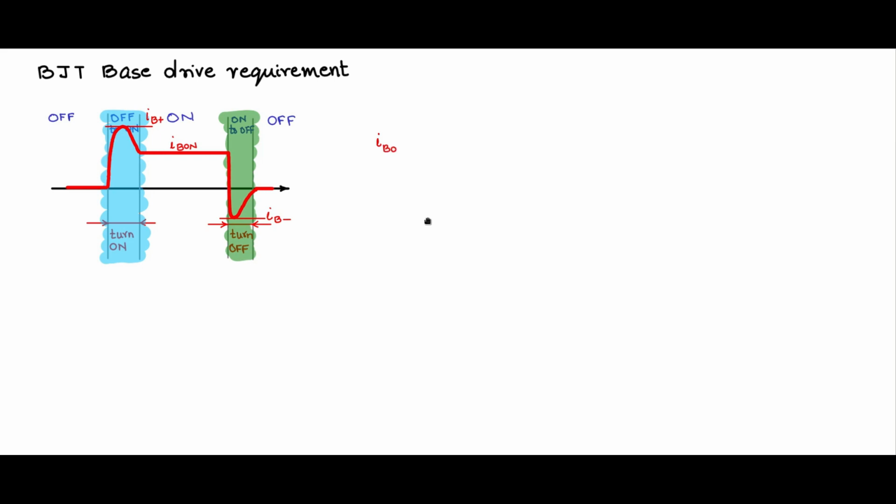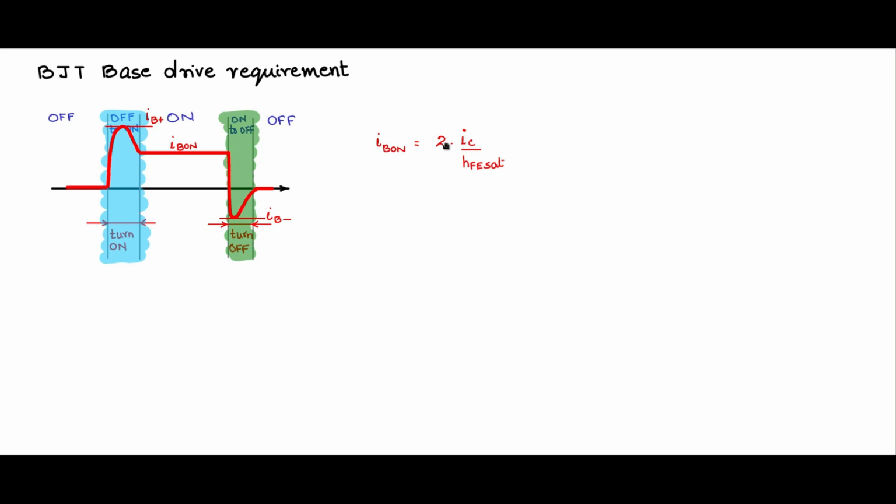So IB on is the normal on state of the BJT switch, which means you will be providing at least greater than IC by HFE SAT. So normally IB on we will give 2 times IC by HFE SAT.